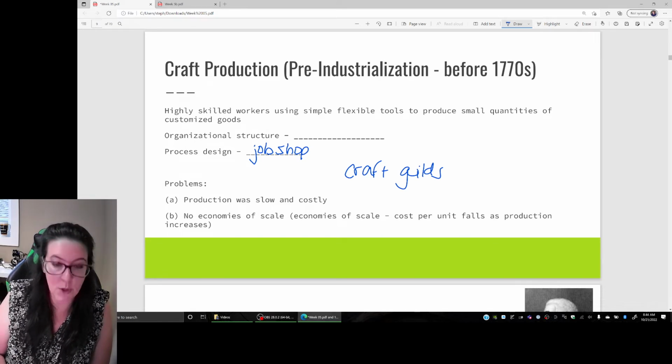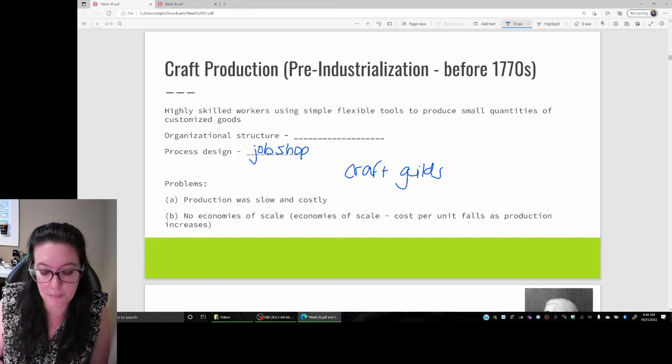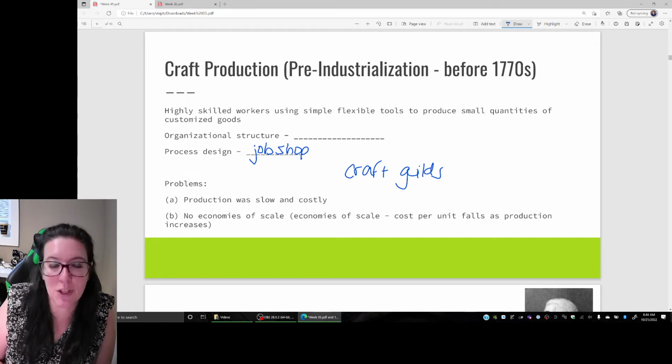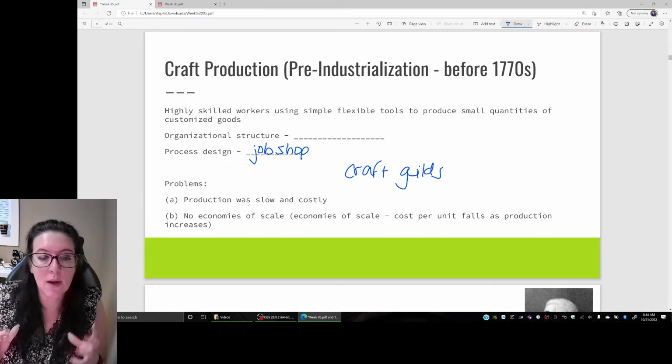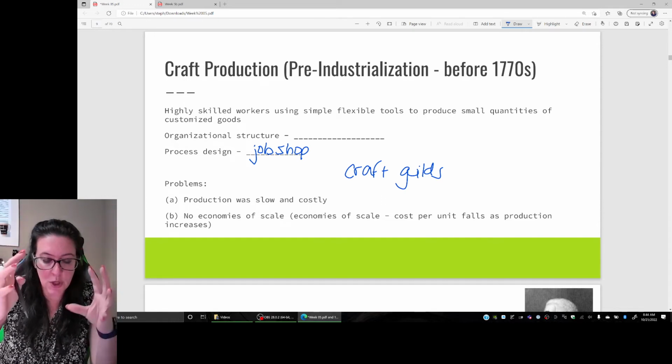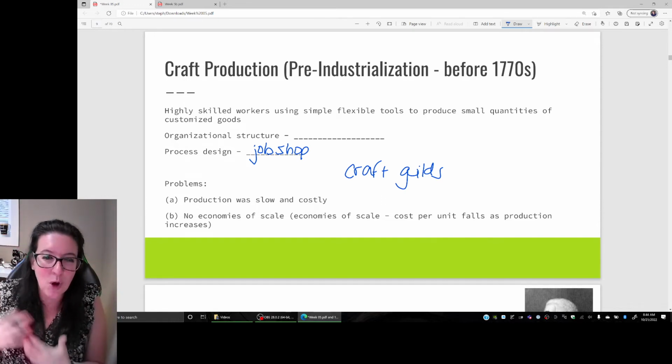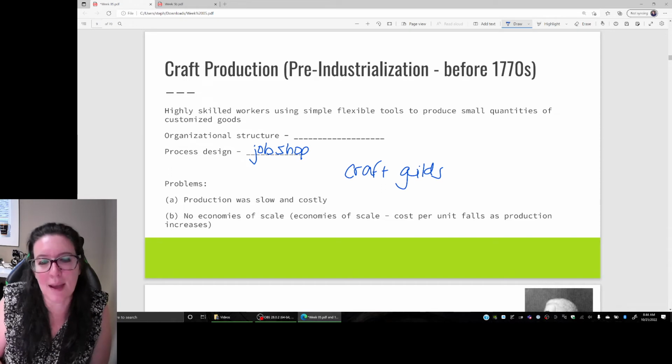So this is someone who doesn't own their own shop. Okay, they work for the master. And then we have an apprentice, someone who is studying in that area of expertise. So given that we have the master, the journeyman, the apprentice, is this more organic or more mechanistic?